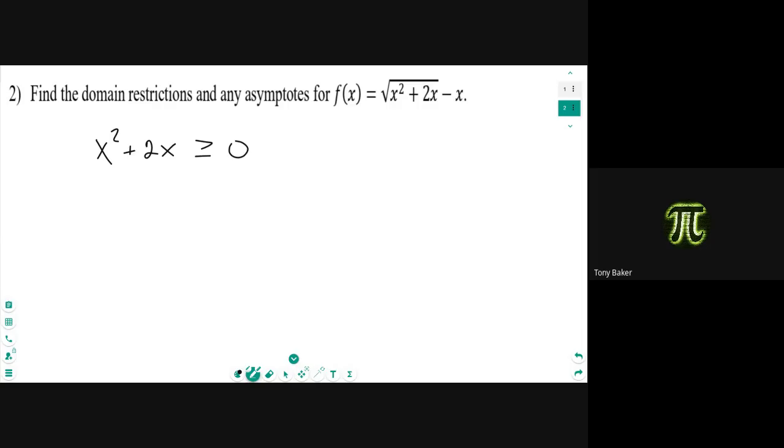So do not move the 2x over and do it that way. Factor. So we have 0 and -2. But those are the equals. We need to figure out where on the continuum it actually works.